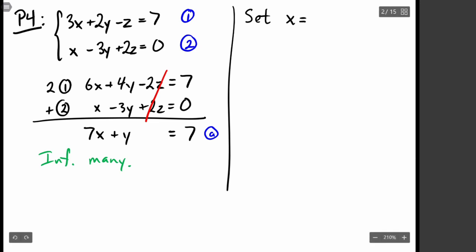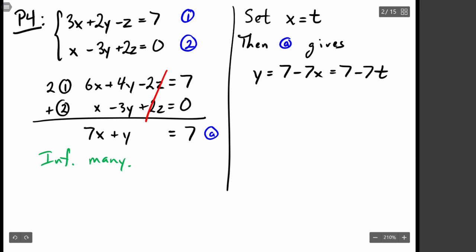So we're going to set x equal to t. Then equation A gives that y equals 7 minus 7x, but x is t. So 7 minus 7t. So now we know what x is and we know what y is.